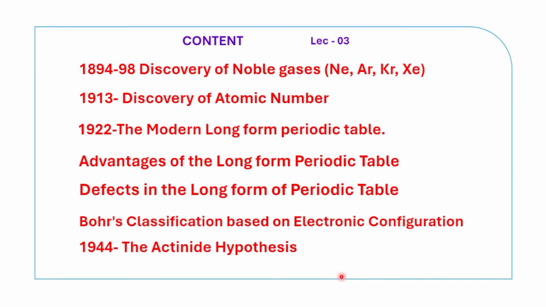So slowly they developed the formulation of periodic tables, and Mendeleev gave a huge milestone in the formulation of this periodic table. So this much for this lecture, and in the next lecture we will discuss some more history, the discovery of noble gases, the discovery of atomic number, and the modern long form periodic table.